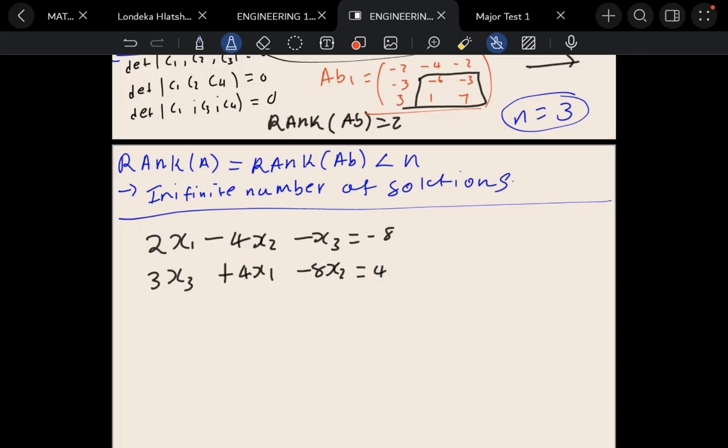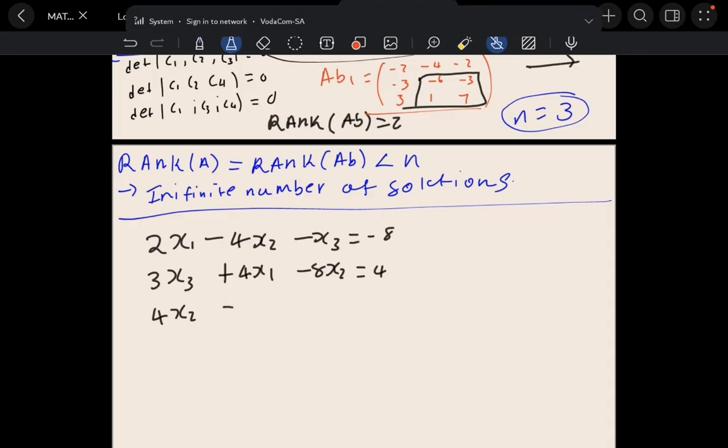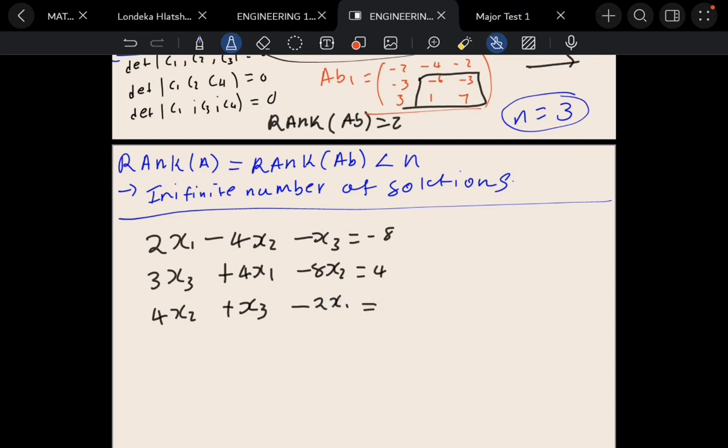And then here I'm going to have 4x2 plus x3 minus 2x1 is equal to 11. Can you please try this on your own and tell me what type of solutions you have in the comment section?